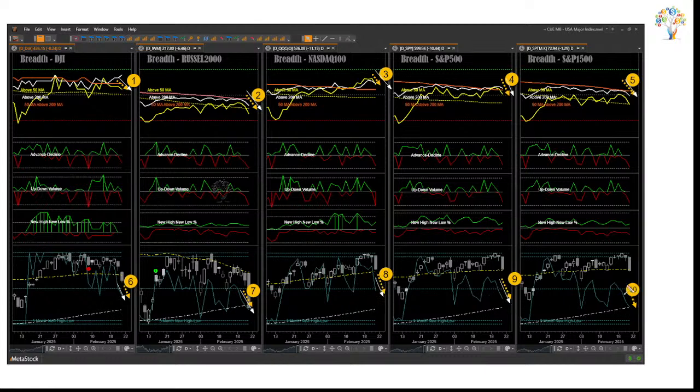None of them are near oversold condition. So it weakened, downtrend is resuming from the internal health perspective, but not oversold in any of the dimensions so far. Is the market looking oversold from some other angle? We'll find that out.